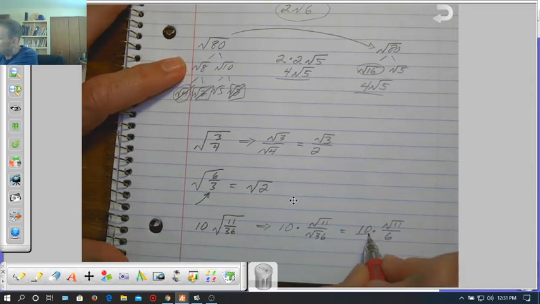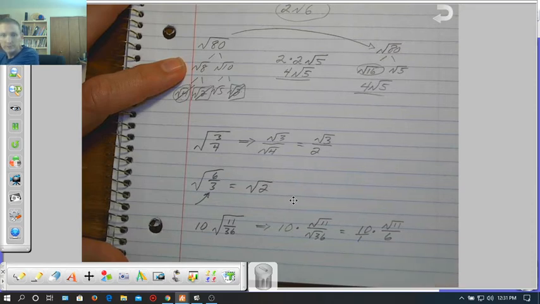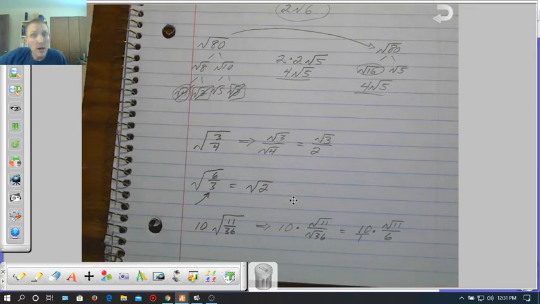Well, let's put the 10 over 1, because I need to work with these fractions. If we look, the 10 and the 6 are both out of the radical, and they are in fractions that are being multiplied. Well, this allows me to cross-reduce the 10 and the 6. Well, 10 and 6 can both be reduced by 2.